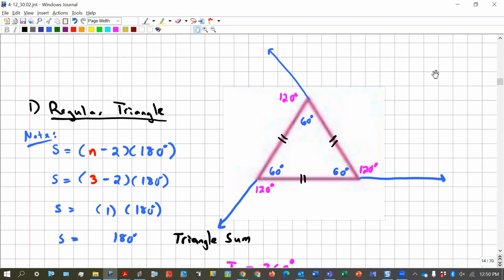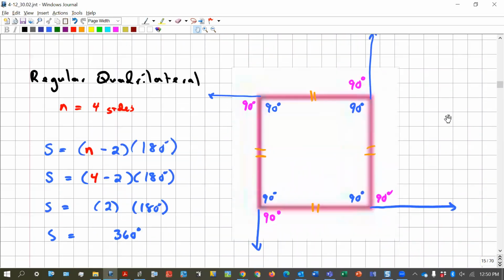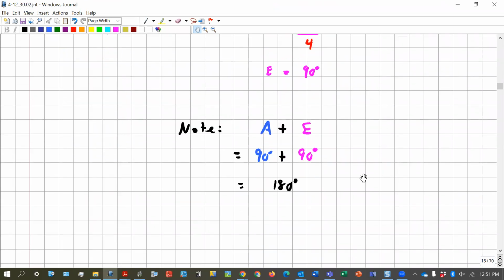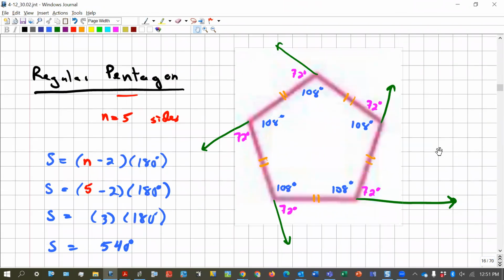And as you do, each time we go up a number of sides, if there's 4 sides, quadrilateral sum is 360, divide that by 4, you get 90. And the exteriors are also 90, and 90 plus 90 is 180. As soon as you have more than 4 sides, the interior angles are always obtuse and the exterior angles are always acute. When you have 4 sides, they're both right angles.